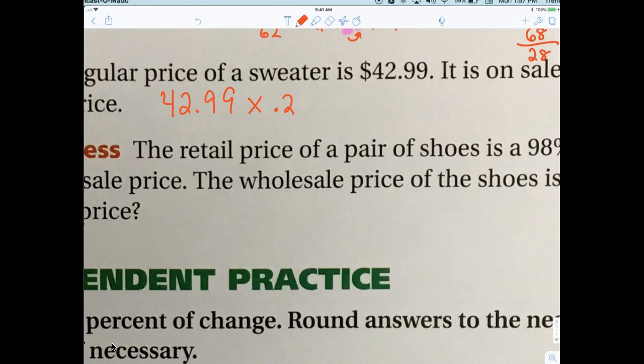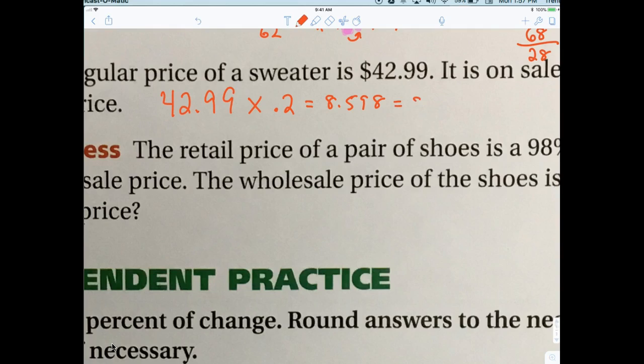Everybody do that on the calculator for me. 8.59. We're doing money, so we've got to round to the nearest penny. Tell me what's on the calculator. It's 8.598, right? So then that would round to $8.60.